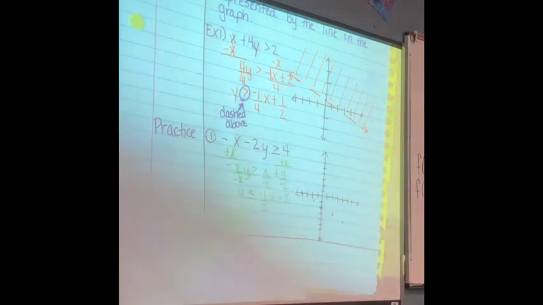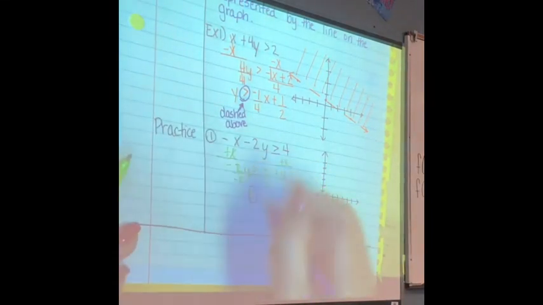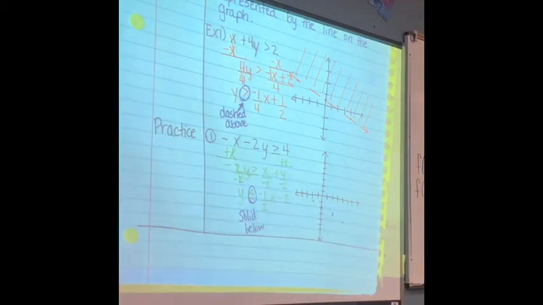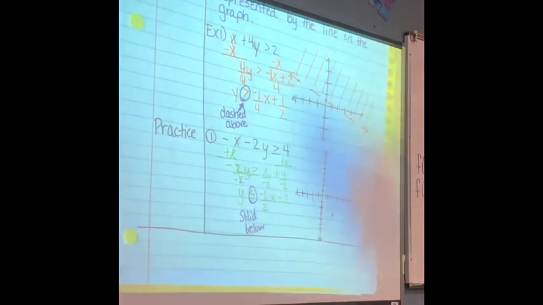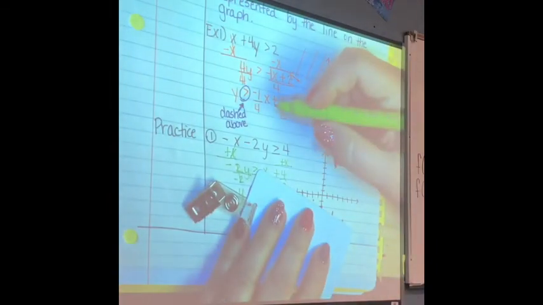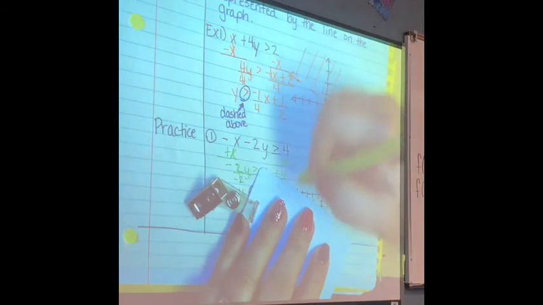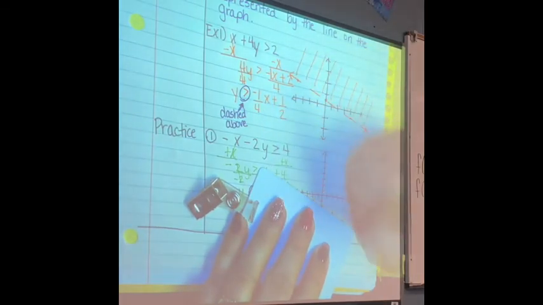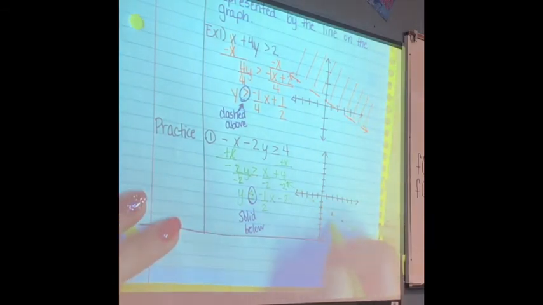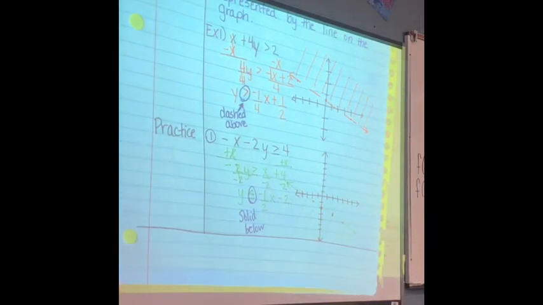And what kind of line is it going to have? Solid. Solid and shade where? Down. Down or below, the y's below the line. Solid line and shading below. Yes?